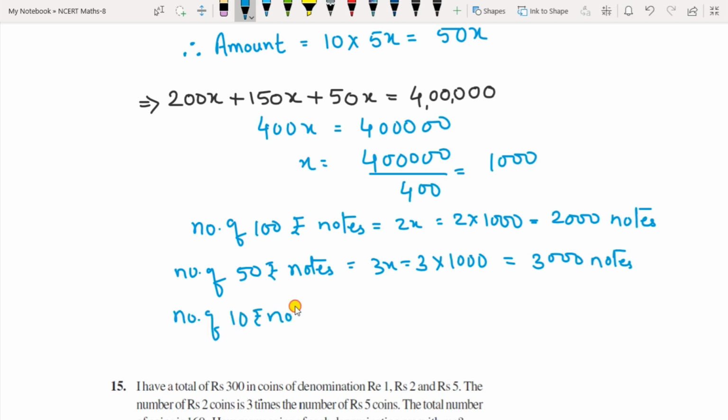So it is 3 into 1000. That becomes 3000 notes. And number of 10 rupees notes are 5x. Sorry.